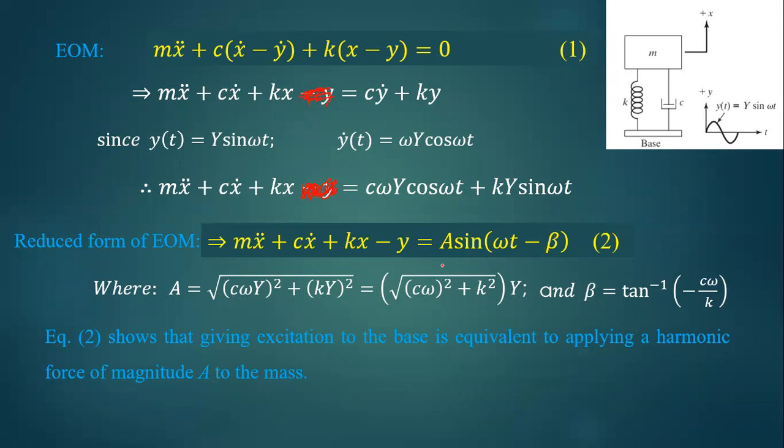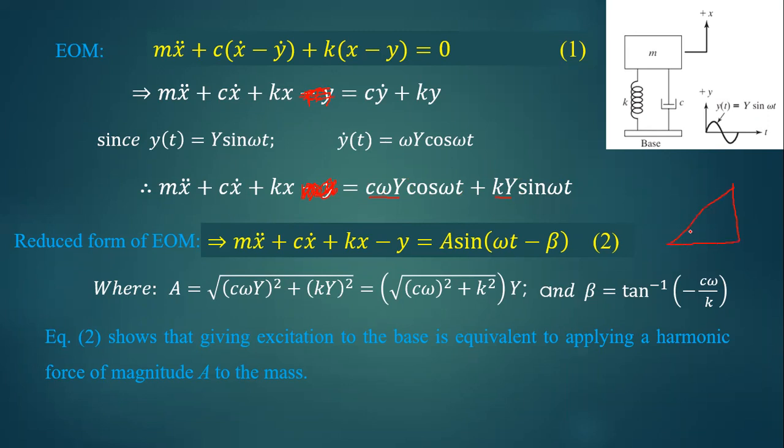Then the amplitude A is the square root of (c omega Y) squared plus (k Y) squared. Amplitude A, because the sine and the cos are most of the time at a 90-degree difference.